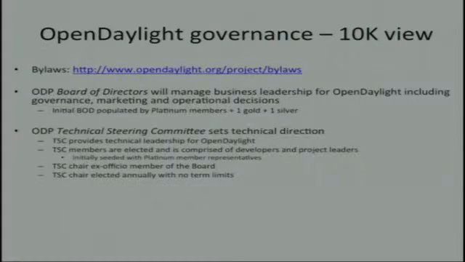But since we had to boot the thing, it's currently comprised of members assigned by the platinum members. So I became the chair of the technical steering committee, but I don't expect that after a year or so, or however long my term is, I would still be that, because, as I said, a well-functioning technical steering committee will have lead developers from the core projects.